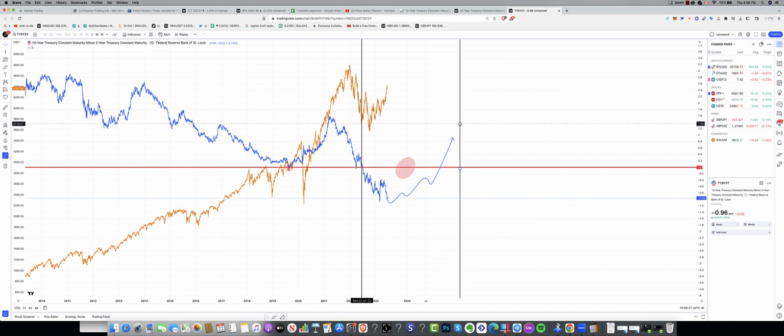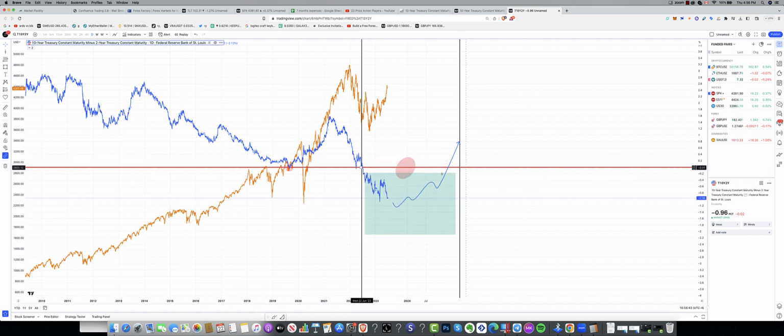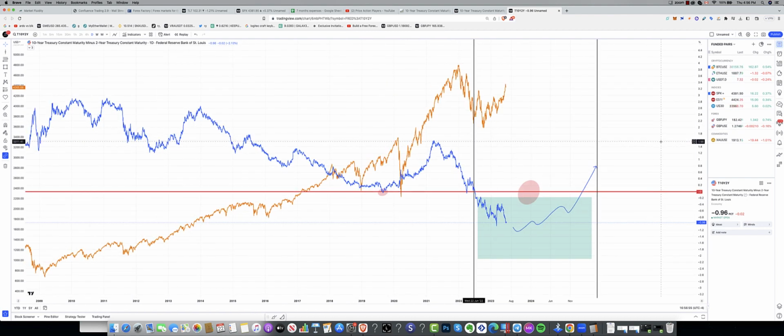So just something for us to keep in mind is that when that does happen, when we come out of the inversion, that's when price of the S&P does dump a lot more. So we could actually be in this bull market while this is underneath, and then have another recession or a major pullback in the market as the 10 versus 2 year gets back above zero, right? So yeah, that's just something to consider, guys.